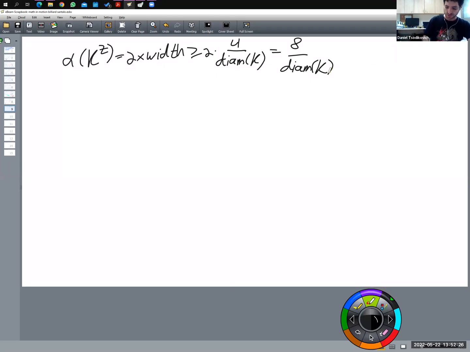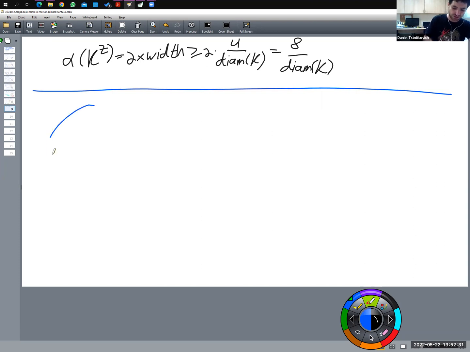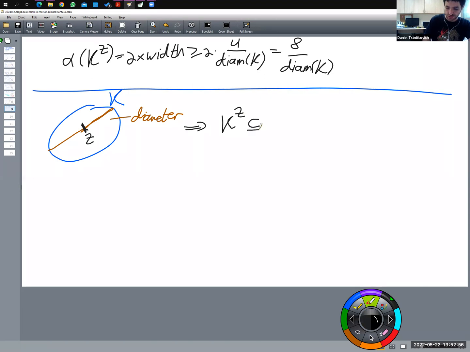If we take the dual with respect to a diameter, so if this is K, and we take a diameter, and we take the midpoint of this diameter to be Z, then by more or less the same reasoning, we'll have that Kz is contained in a strip of width 4 over the diameter.